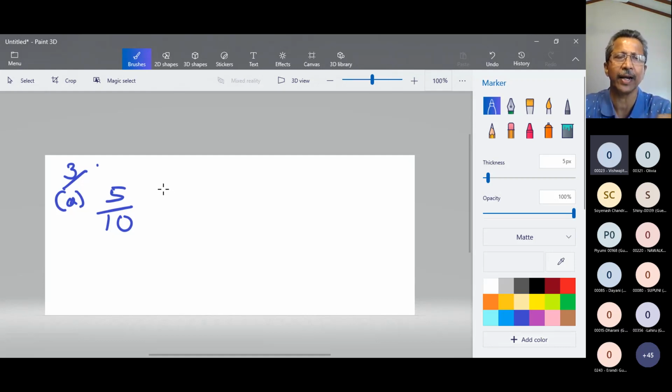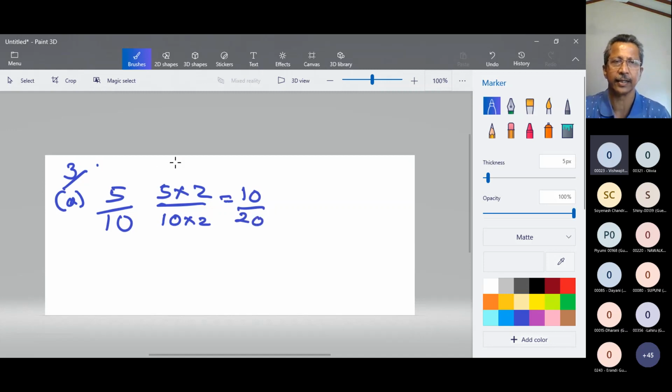If we multiply by 1, there is no change. Top and bottom, if we multiply by 1, no change. So we multiply by 2. Okay. 5 into 2, 10 into 2. And we get 10 upon 20. This is the higher.